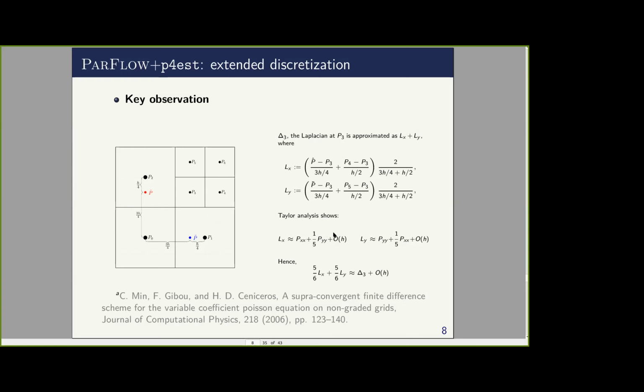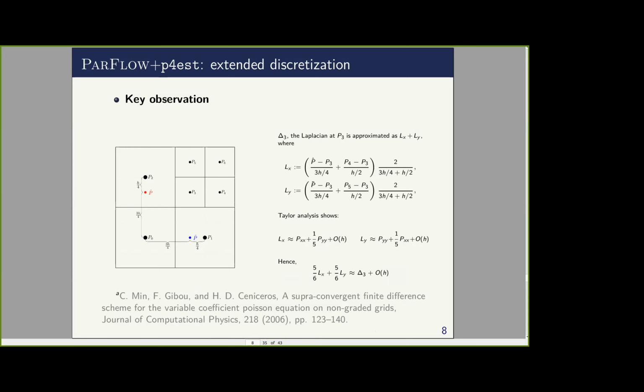Of course, if we are in a uniform situation, this term, PYY over 5, will disappear, and as well this one. So the key observation in this paper is that you can weight these two in order to actually obtain PXX and PYY and still have the desired accuracy.